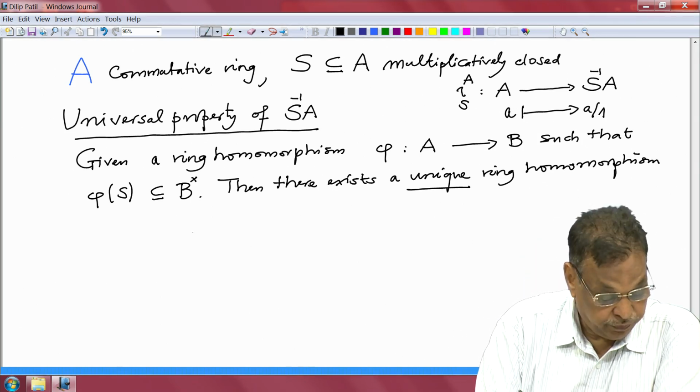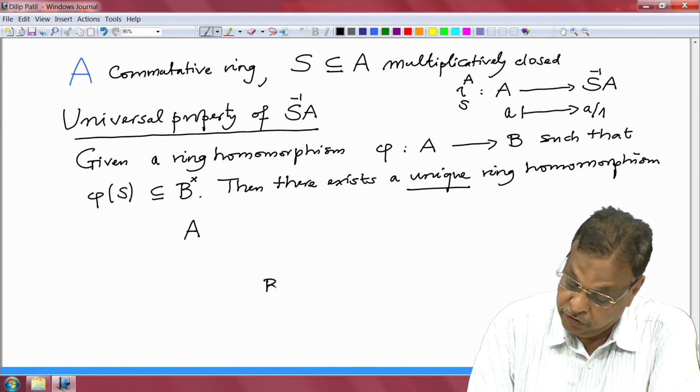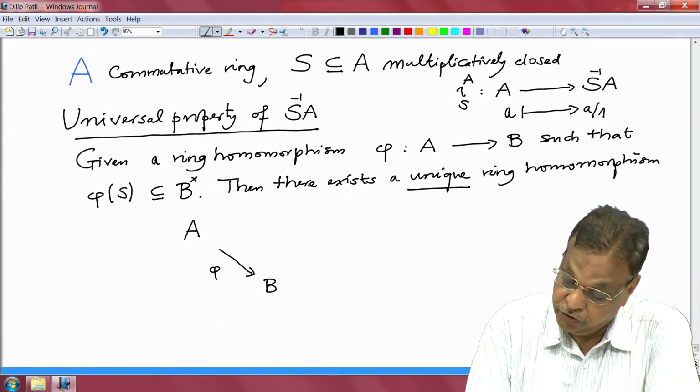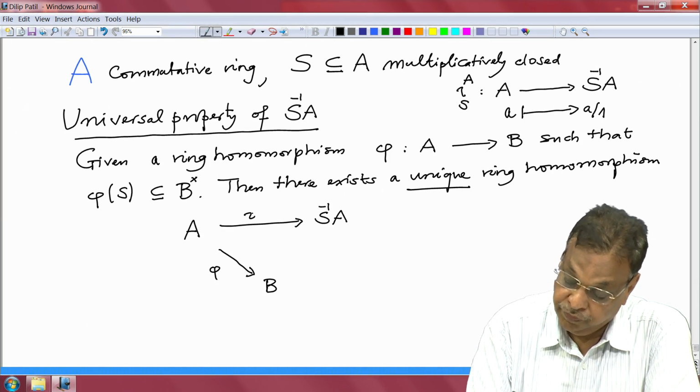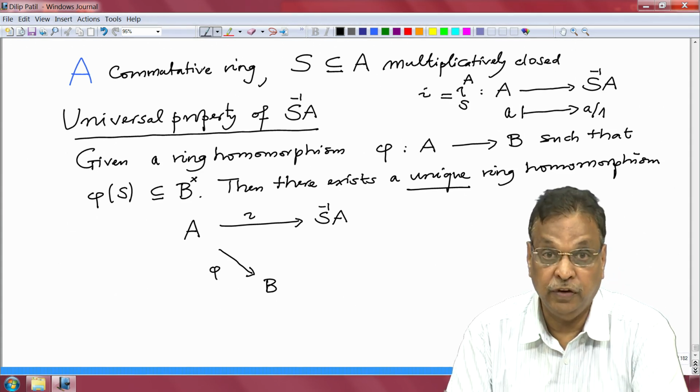So A is here, B is here, this is the given phi, and this is S inverse A here, this is the iota map. I will call this simply iota today because A and S are fixed.